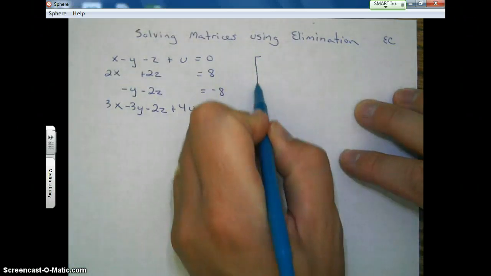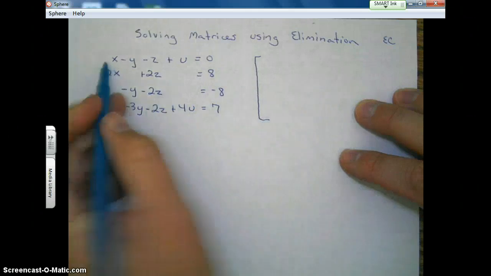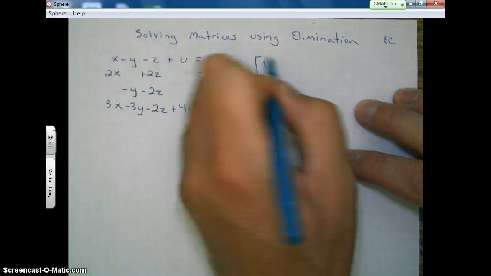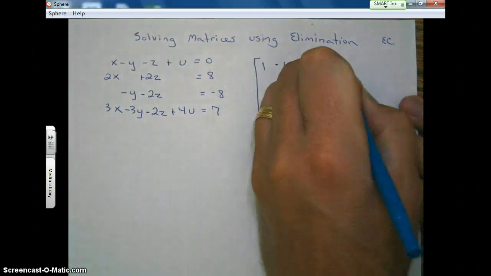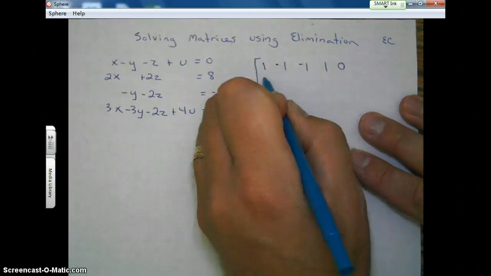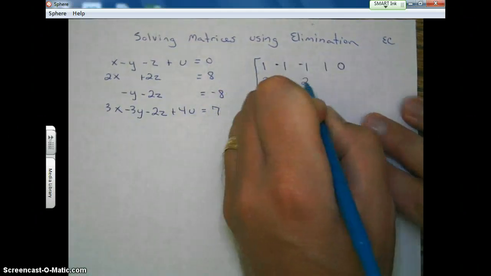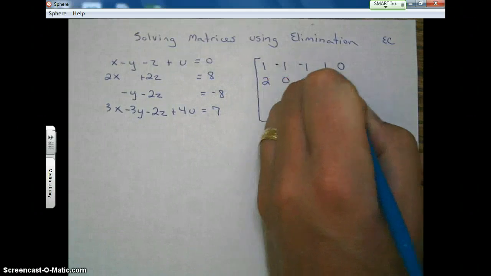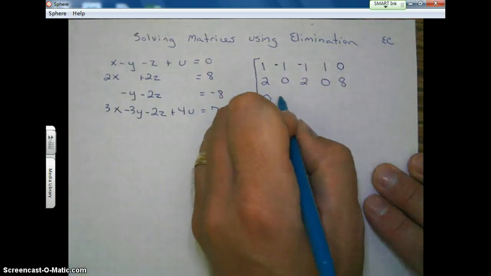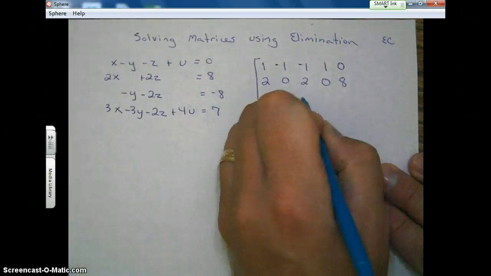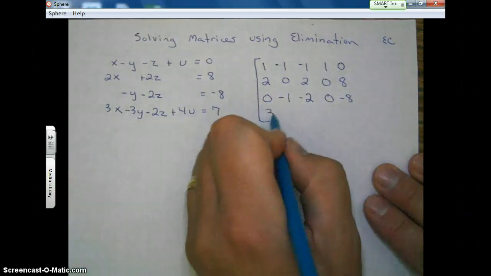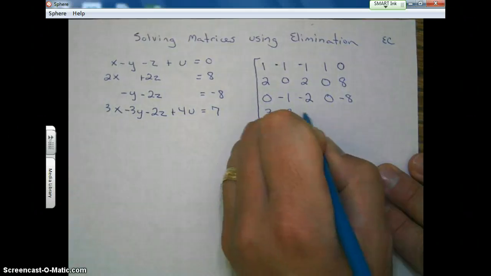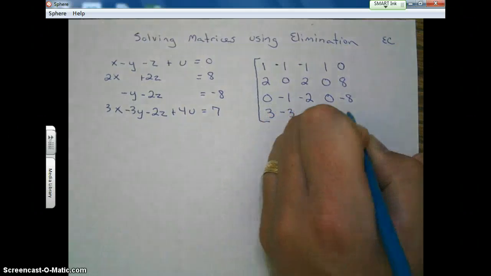So I'm going to put my bar over here. So I have 1, -1, -1, 1, and 0. 2, 0, 2, 0, 8, 0, -1, -2, 0, -8, 3, -3, -2, 4, and 7.